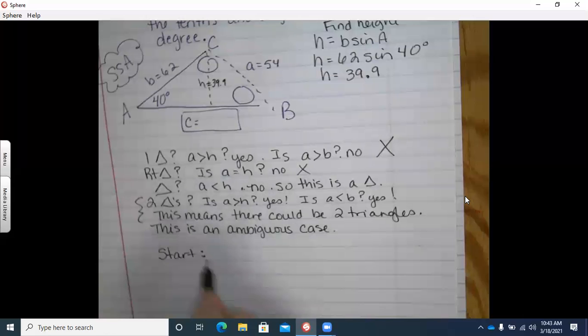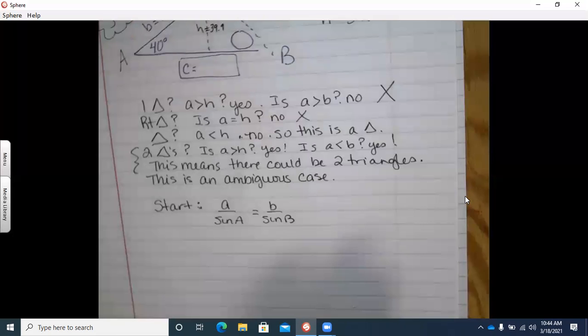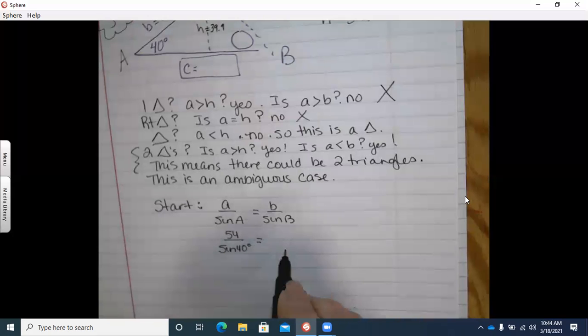So we know A over sine of A, and at this point I'll try to find B, over sine of B. So that would be 54 over sine of 40 degrees equals 62 over sine of B.